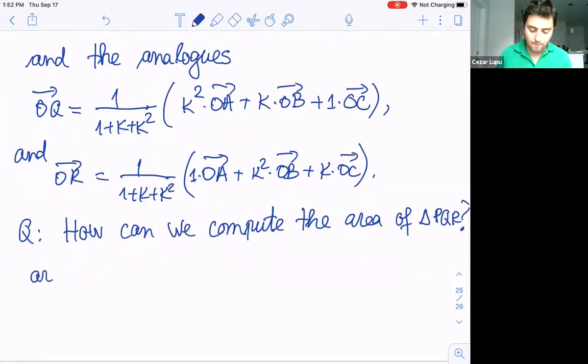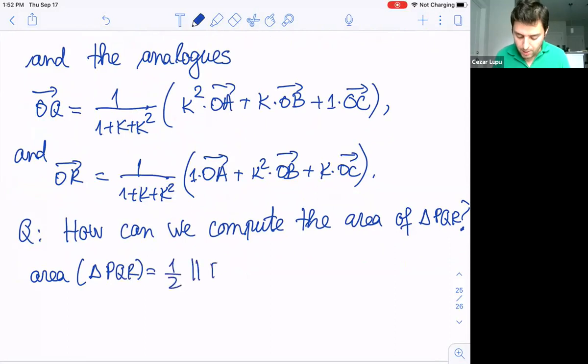Well, we know there is a formula: the area of the triangle PQR is nothing else than 1/2 times the magnitude of the PR vector cross the PQ vector. So we can do this.